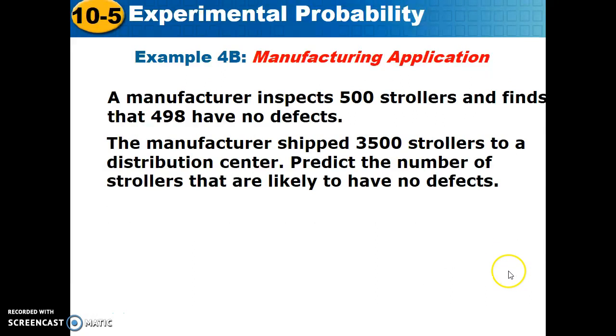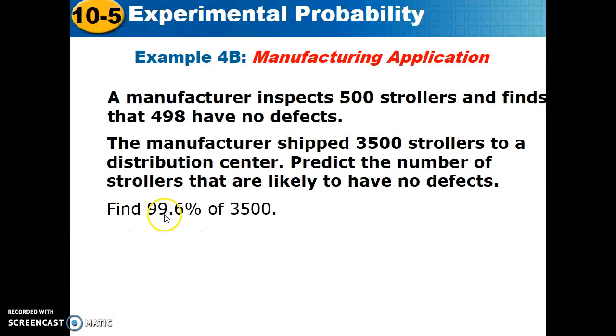The manufacturer inspects 500 strollers. The manufacturer shipped 3,500. We still have the same statistic. So 498 out of 500 have none. But out of 3,500, predict the number of strollers that are likely. So we're going to use the experimental probability statistic and make a guess as to how many might have defects out of 3,500.